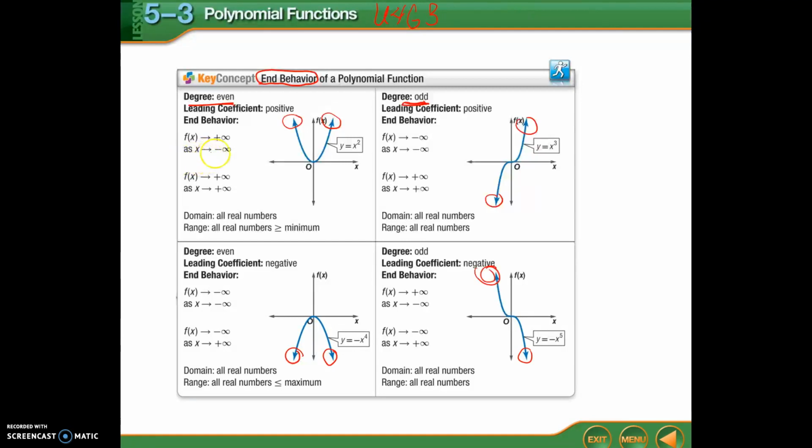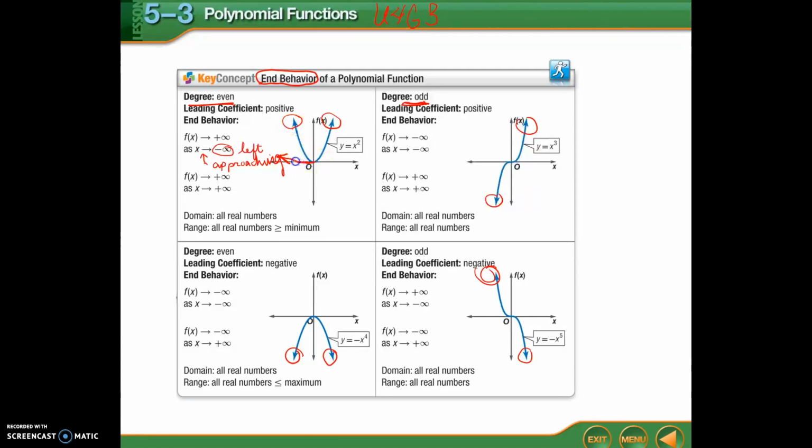So this arrow means approaching. As I'm heading to negative infinity on the x-axis, so I'm heading in the left direction, what's going on with my graph?